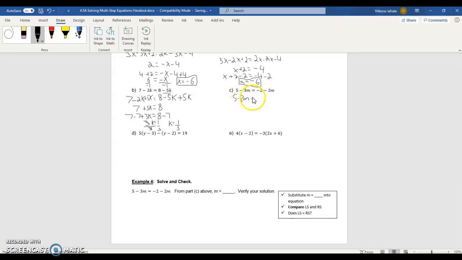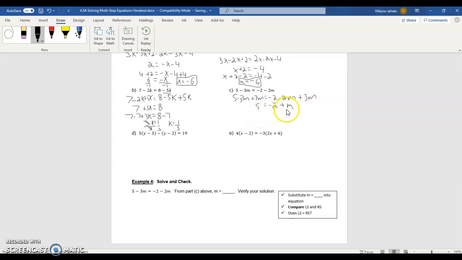I'll get rid of the variable there by adding 3m is equal to negative 2m, and then add 3m since you did it to the other side. Minus 3m plus 3m is 0, so 5 is equal to minus 2 plus m, because minus 2m plus 3m is m.